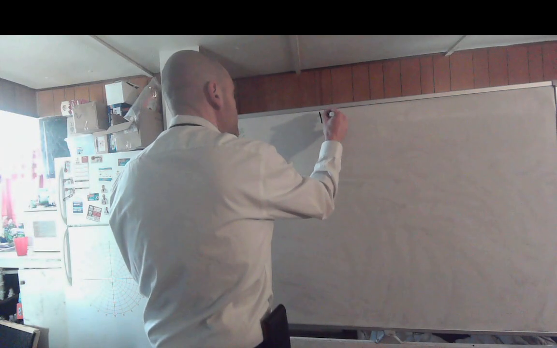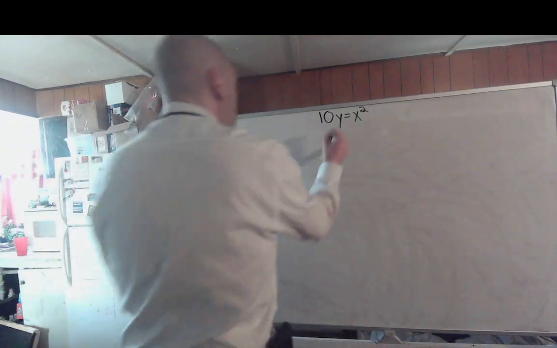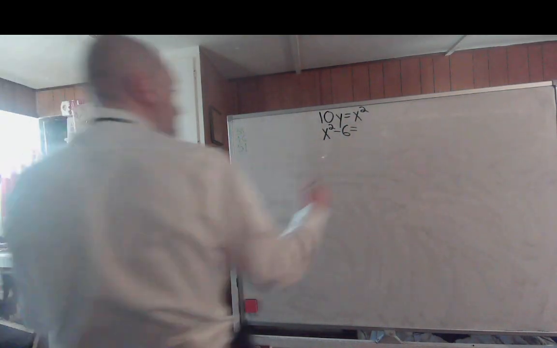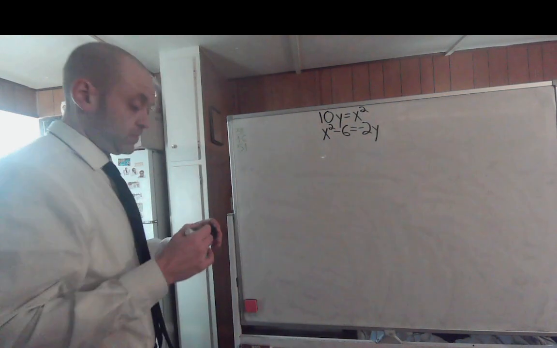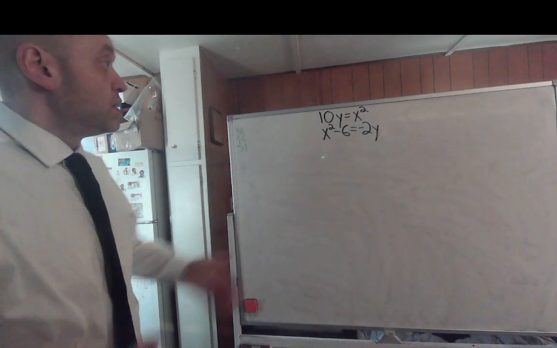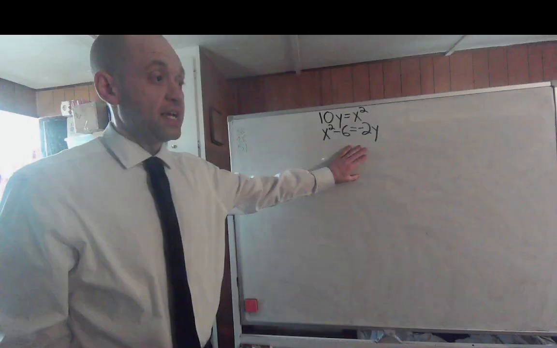We have 10y equals x squared. We have x squared minus 6 equals negative 2y. All right, so 10y equals x squared, and x squared minus 6 equals negative 2y.